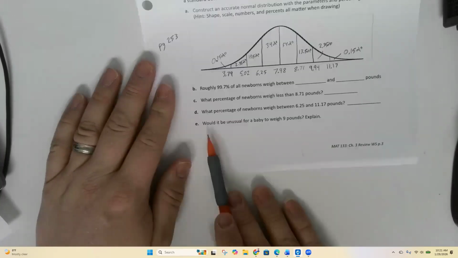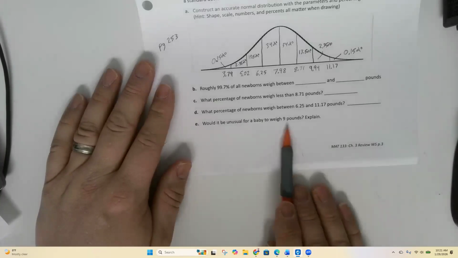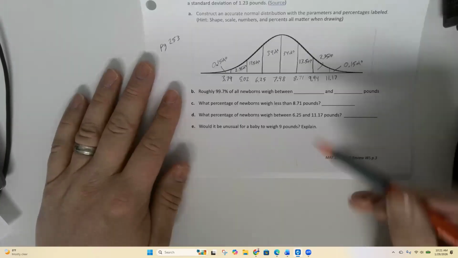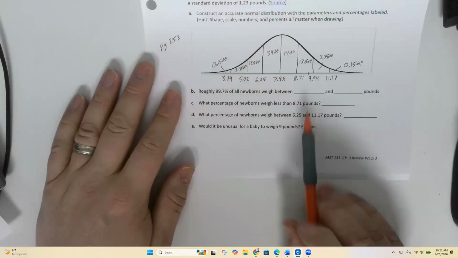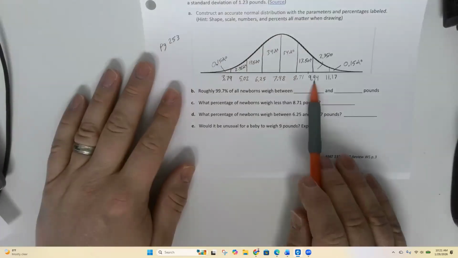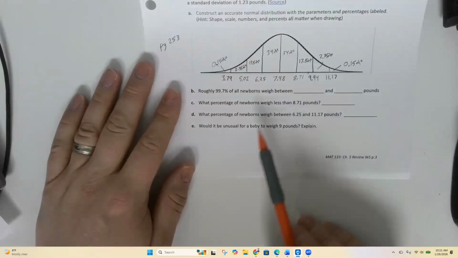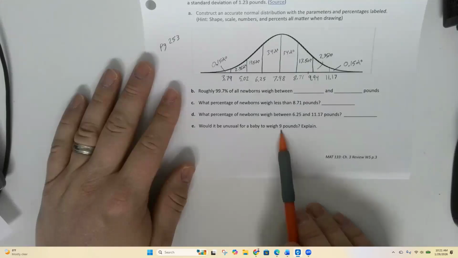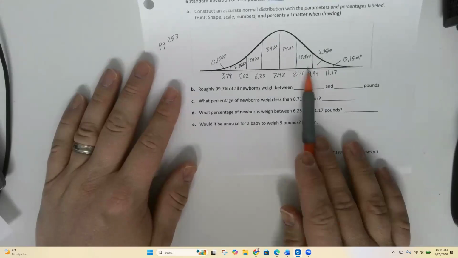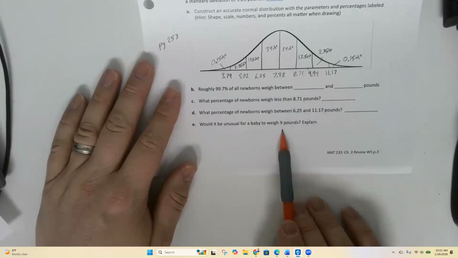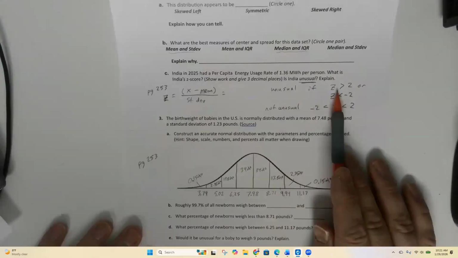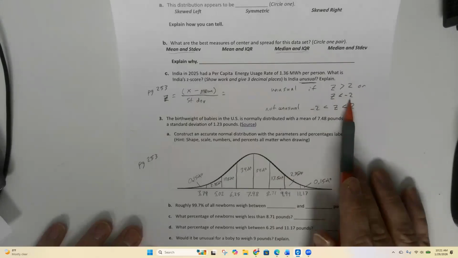Now down here, the question is, would it be unusual for a baby to weigh 9 pounds? Okay, so 9 pounds is right here. It's in between 8.71 and 9.94. So we need to know this baby's z-score, right? We said that it's unusual if their z-score is bigger than 2 or less than -2.